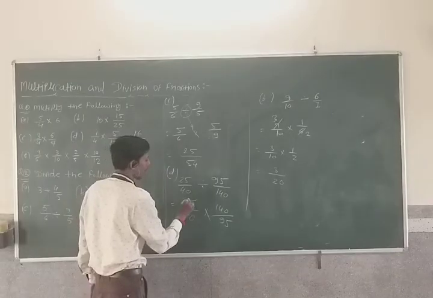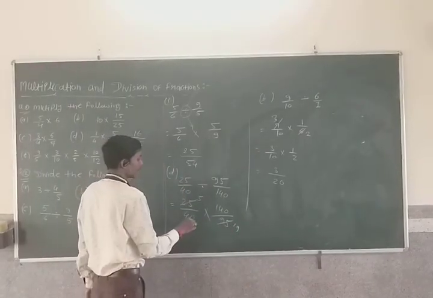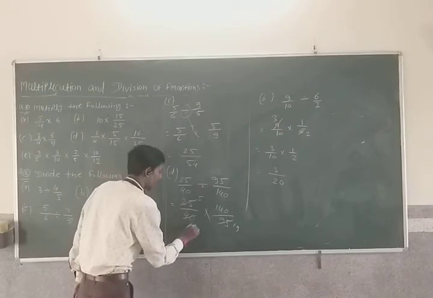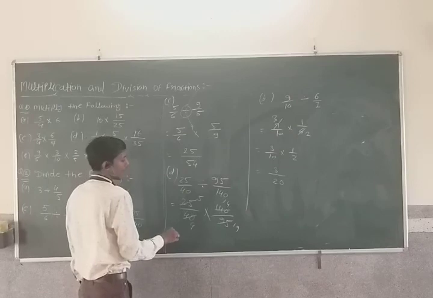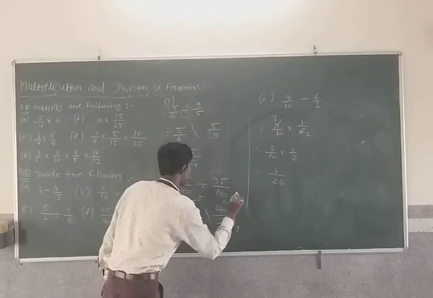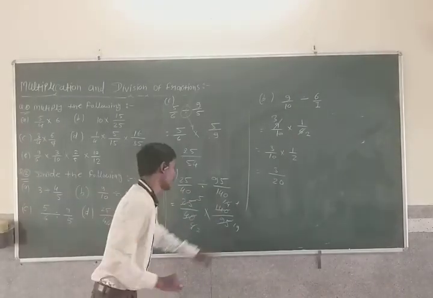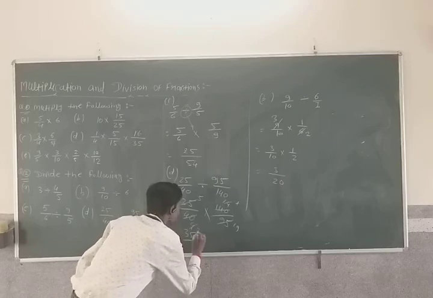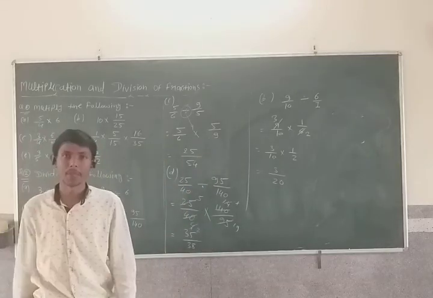By the table of 5 it will be 5 times, this number will be 19 times. From the table of 10 it will be 4 times, this number will be 14 times. Again from the table of 2, 2 times and 7 times. So finally now we have simplified. So 5 7s are 35, 19 2s are 38. So that will be your answer.